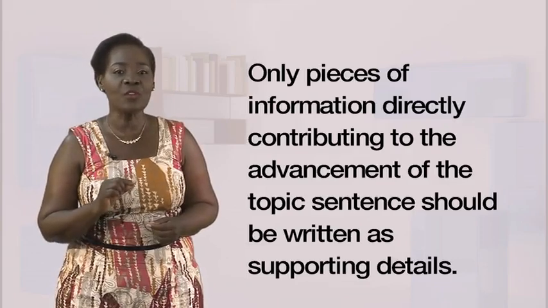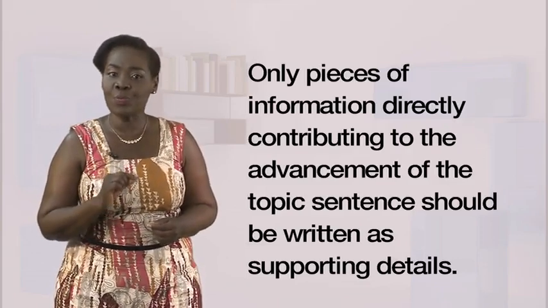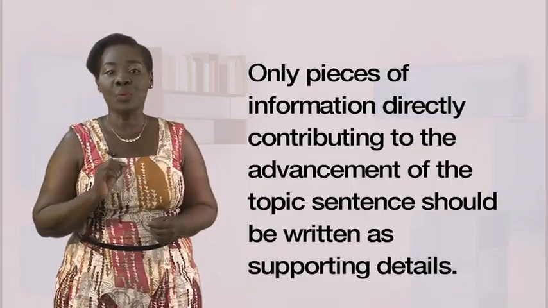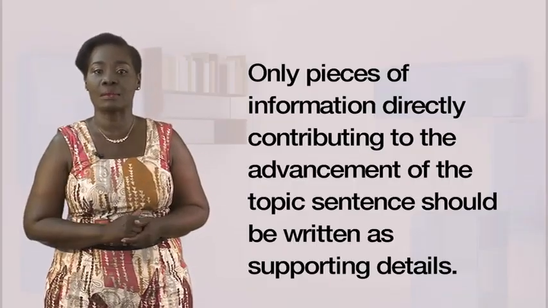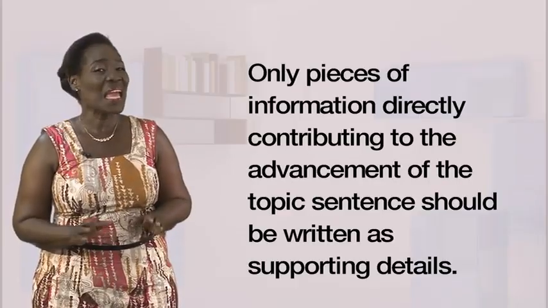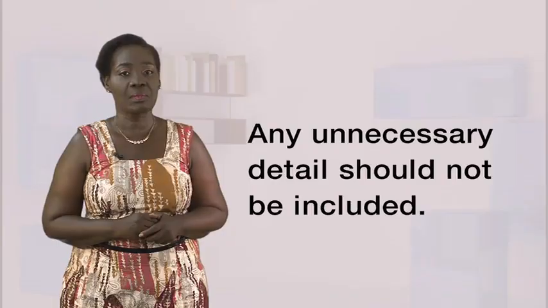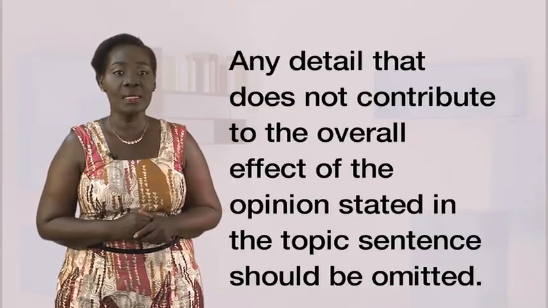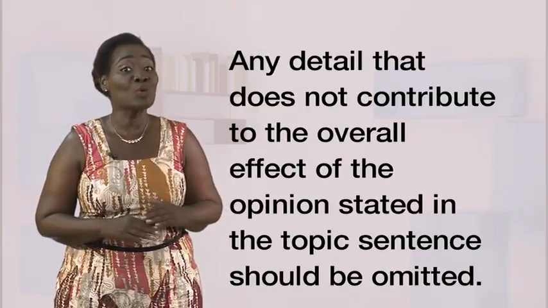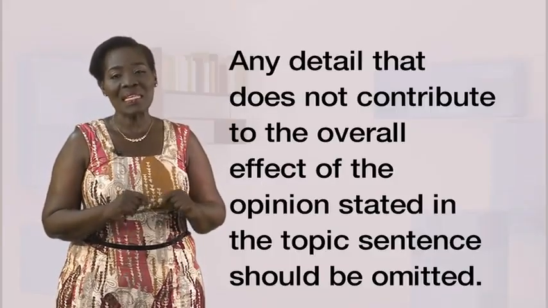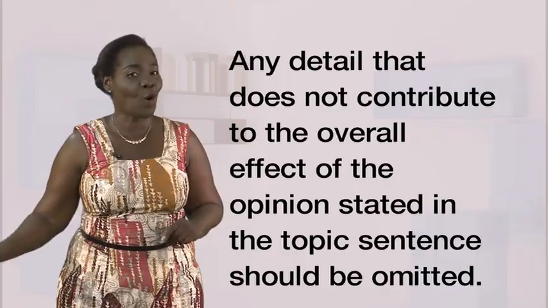Only pieces of information directly contributing to the advancement of the topic sentence should be written as supporting details. Any unnecessary detail should not be included. In other words, any detail that does not contribute to the overall effect of the opinion stated in the topic sentence should be omitted.